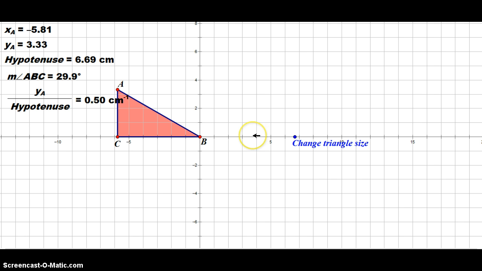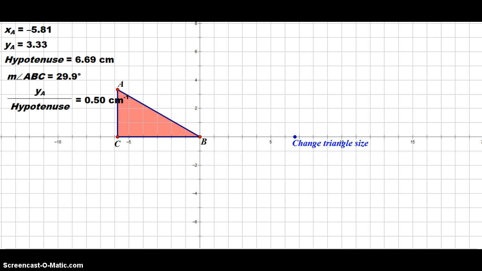Remember, an angle in standard position is measured from the positive x-axis to the terminal arm of that angle. So how much is this angle here? Well, we know that this angle is 30 degrees, the measure of angle ABC, and we know that the full line is 180. So 180 take away 30 degrees will give us this angle right here.